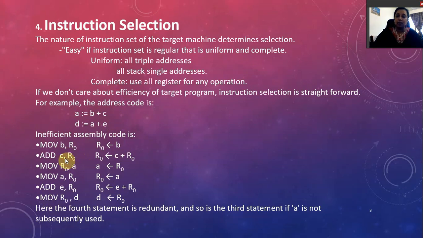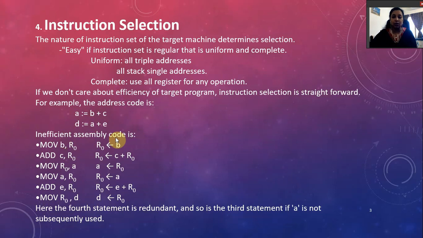You add the content of the register with the content of the memory location where c's value is stored. Here this instruction set allows the content of a register to be added with the content of memory, so we can go ahead with it. And then you move the content of register R0, that is the sum of b and c, to a. So it is moved back to the memory location.